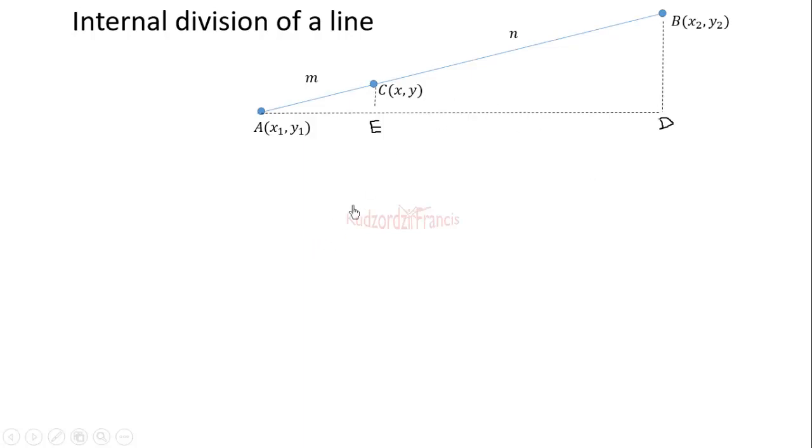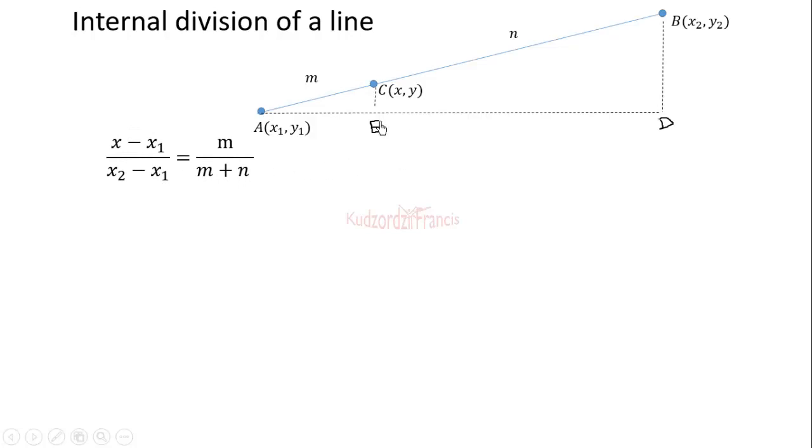So we know that the distance from this point E over here to point A, horizontally, will be x minus x1.